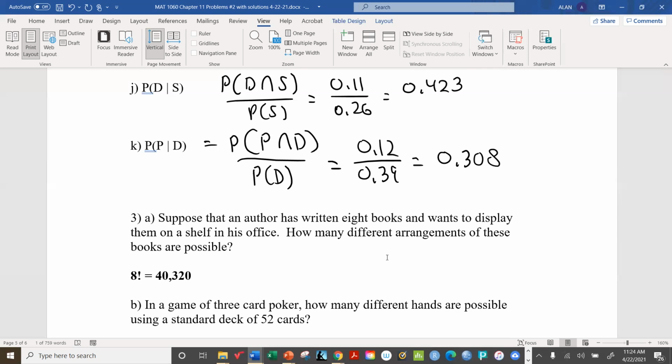It's in the very bottom left-hand corner. And it's very simple and easy to use because all you have to do is write 8 factorial and you're done. You don't even need the equal sign.